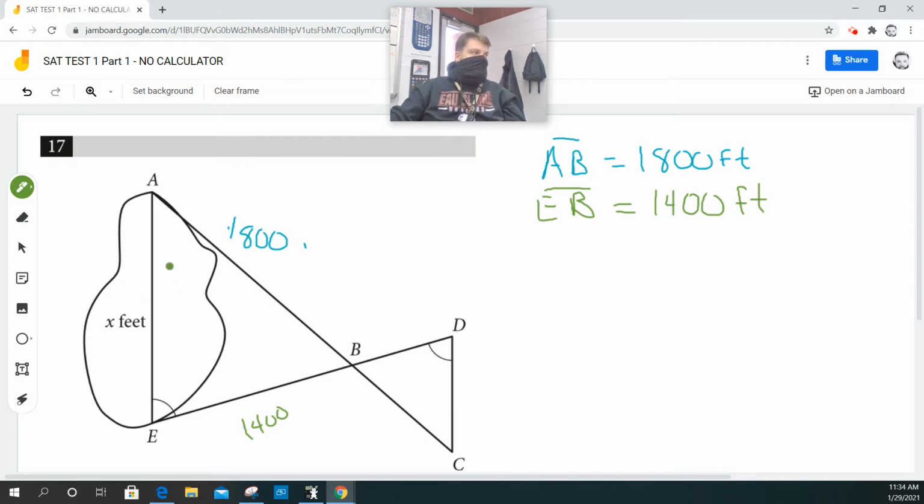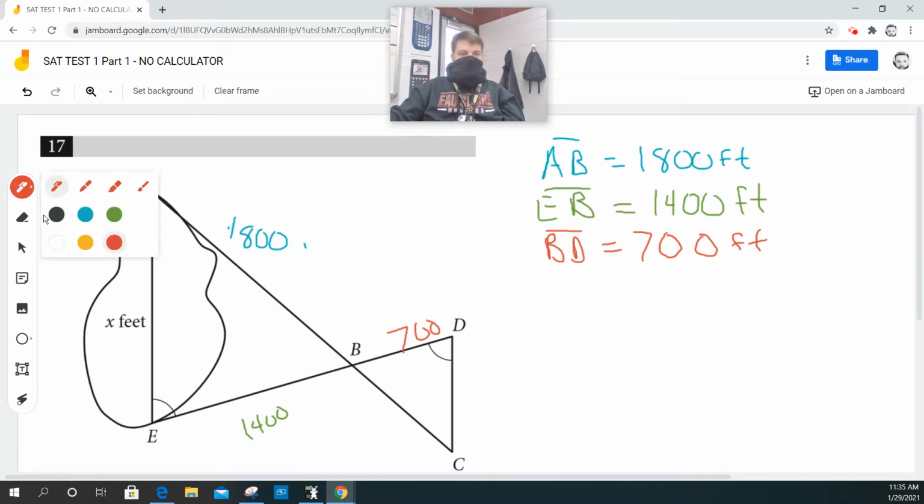And then it tells us from B to D, B to D is only 700 feet. So let's label that BD as 700 feet. And then CD is 800 feet.